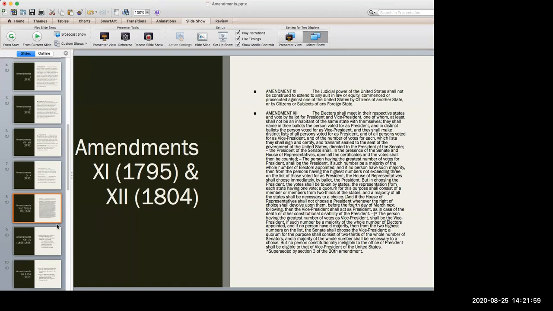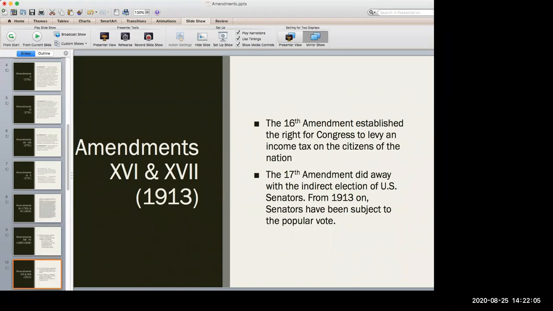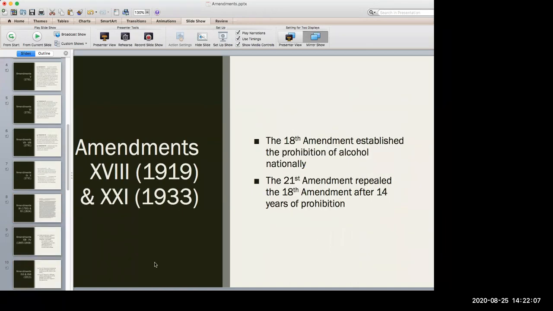All right, so let's skip ahead to the ones that I don't count, 18 and 21. For 14 years in our nation, the production and distribution of alcohol was prohibited.